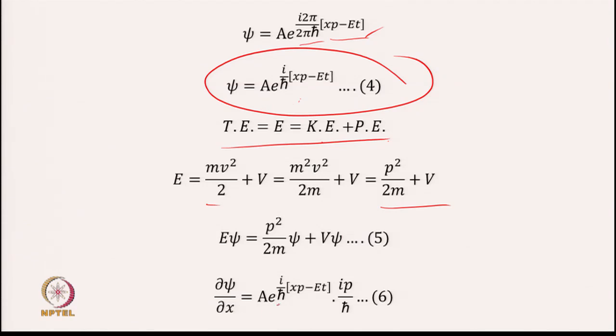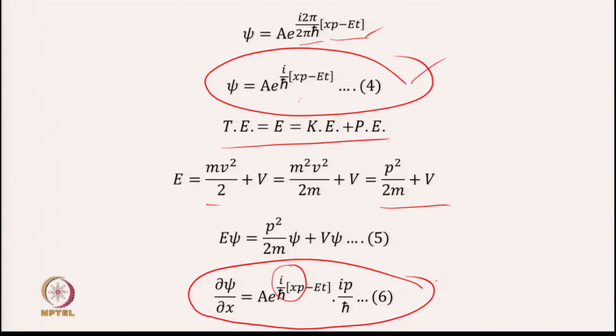If you do that, a exponential i by h cross (x p minus E t), this term, if you differentiate it, you get i p by h cross. So that is the differential with respect to x, d psi by dx. I simply took this and differentiated it.